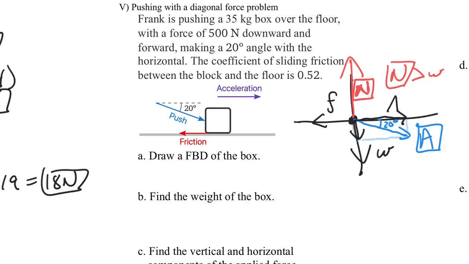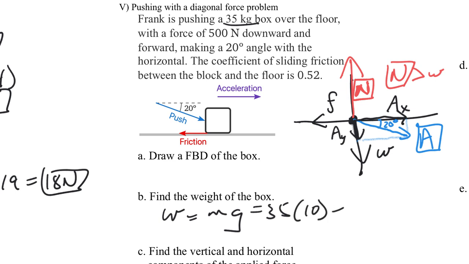So let's call that AX, AY, the downward component of the applied force, the push. Okay, find the weight of the box. That's easy, mg. Now, if they gave me newtons, that would be the weight, but they gave me the mass, so it's 35 times 10 equals 350 newtons.